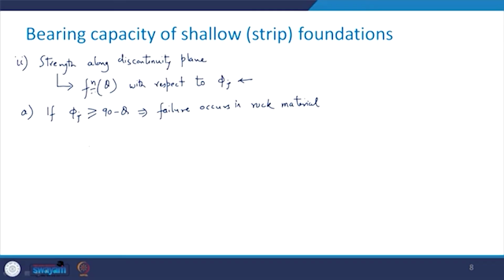There I explained to you when the failure will occur in rock material and when the failure will be along the discontinuity. So in this case, when the failure occurs in the rock material, the strength of the discontinuity will be given by equation number 4 that we derived just now.